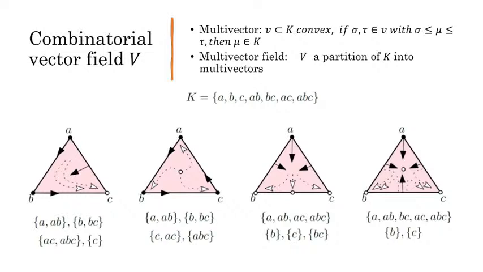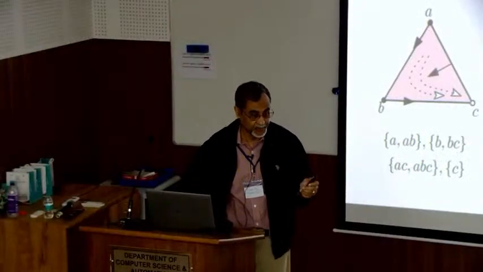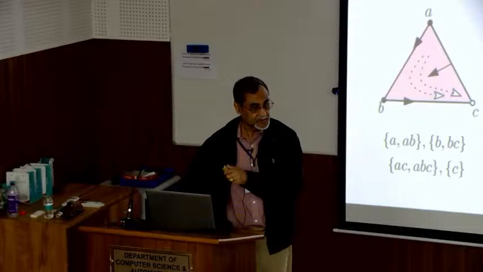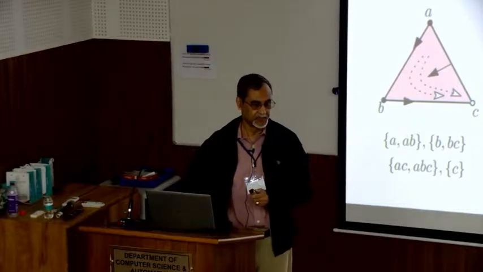So for example, the entire simplicial complex I can define as one vector. Given a multi-vector field, can you rewrite it as a Forman vector field for a different simplicial complex? Not always. So multi-vector field is distinctly more powerful than Forman vector field. You can do certain things with multi-vector field which you cannot do with Forman vector field.